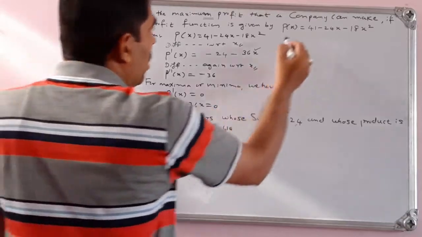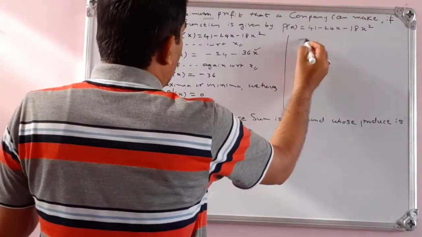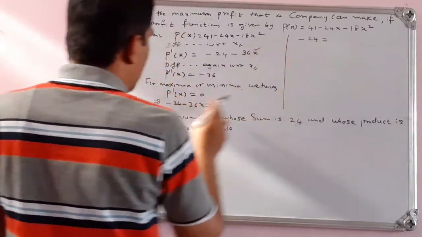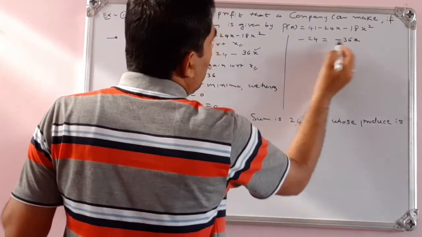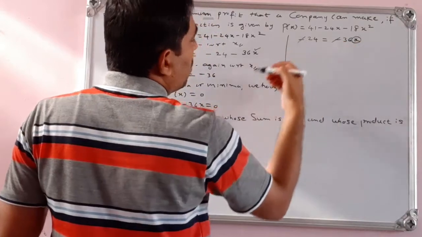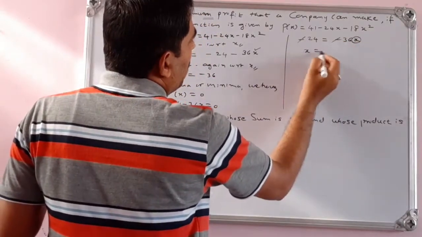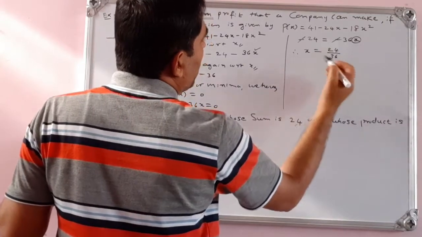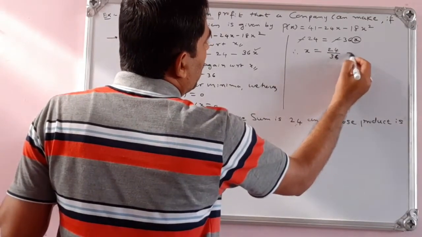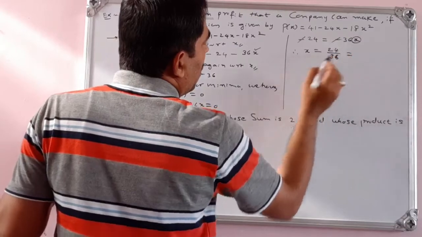We have to solve for x. Minus 24 is equal to, shifting minus 36 to the right hand side, minus 36x. Solving for x, the negative sign cancels here. Therefore, x is equal to 24 divided by 36. Then we can cancel this.